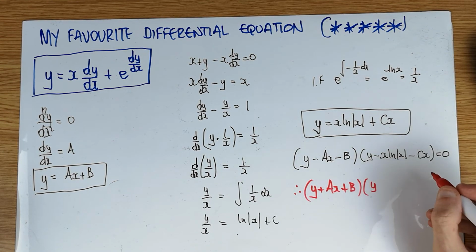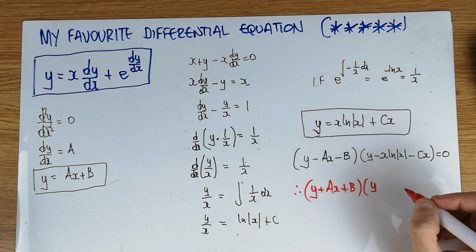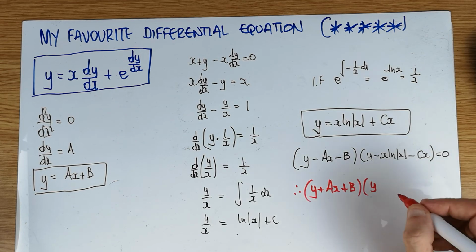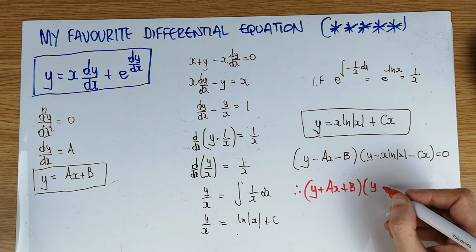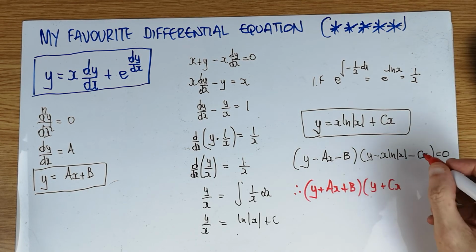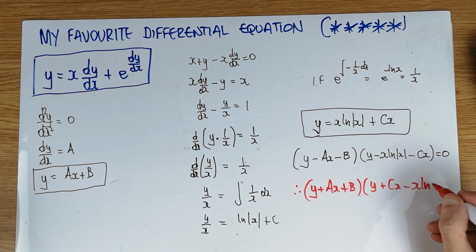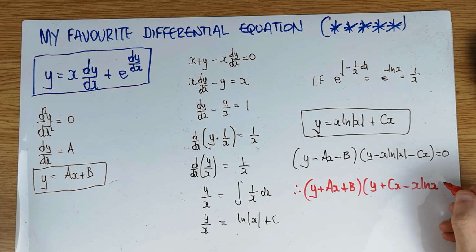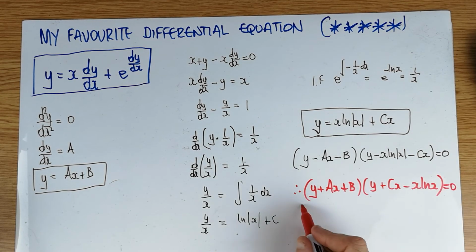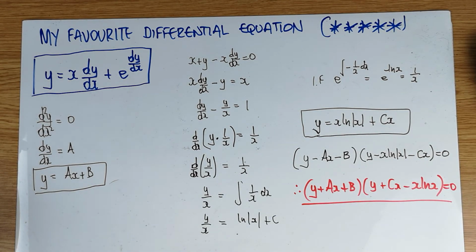Let's put the, that's a cx in there. So y plus cx minus x log, the modulus sign there, is equal to 0. So we can actually have the solution in this particular form.